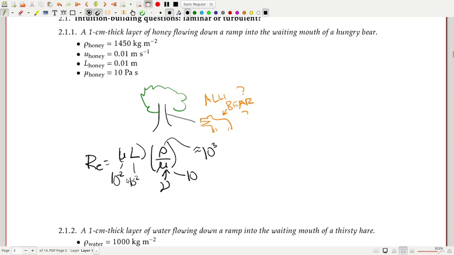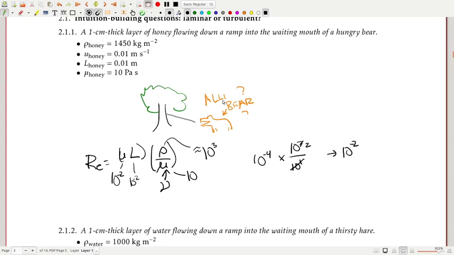Great. And so now what we have here is 10 to the minus 4 times 10 to the 3 over 10 to the 1. And so that is going to cancel this out and make this 10 to the 2. And so what we're going to end up with is approximately 10 to the minus 2.